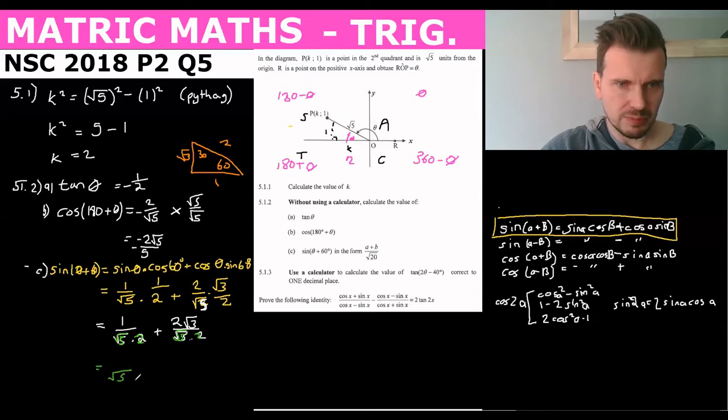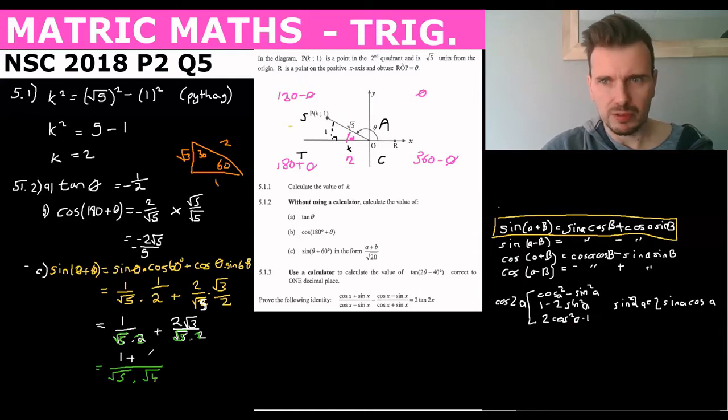And 2 is the same as root 4. So there's 1 plus 2 root 3. Oh, one of these was negative, wasn't it? Because it's cos in the different quadrant.